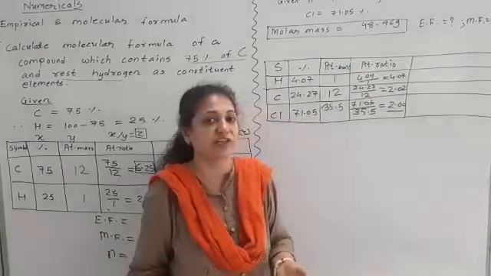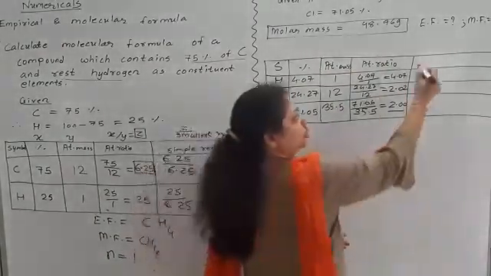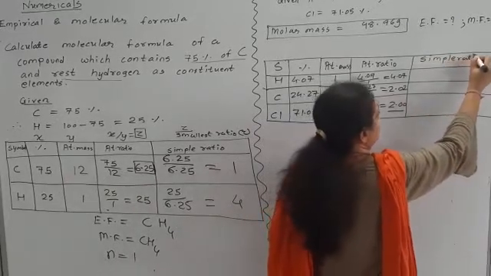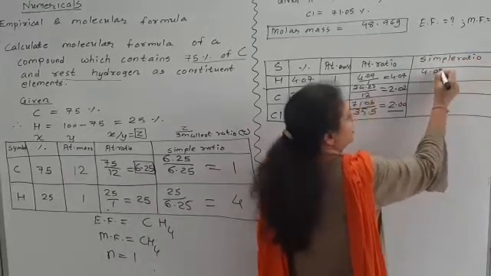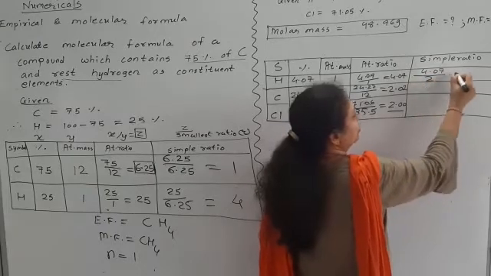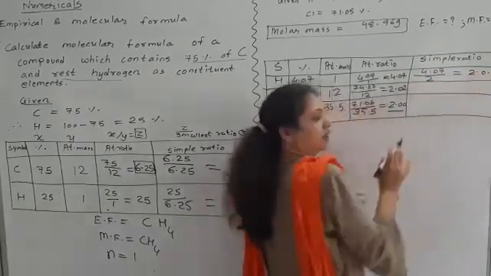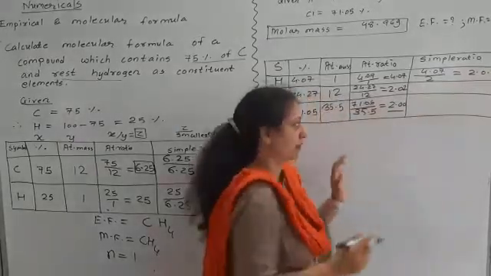So all the rest of the ratios must be divided by 2 to obtain your simple ratio. So the simple ratio is 4.07 divided by 2, which is approximately 2.00. We round it off to the nearest whole number.